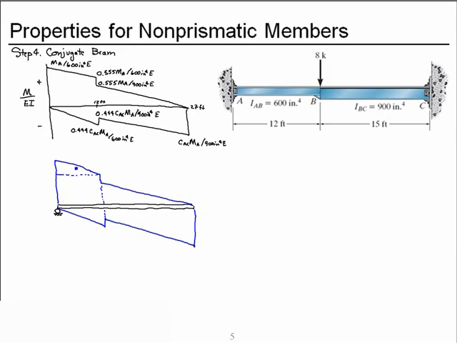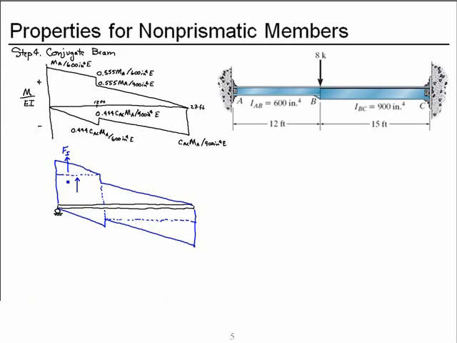So that I have a triangular region, a rectangular region, a triangular region, a triangular region, a rectangular region, and a triangular region. And so the equivalent force or resultant force acting on the conjugate beam due to this triangular region I'll call force 1, and it acts at a resultant 1/3 from the end.